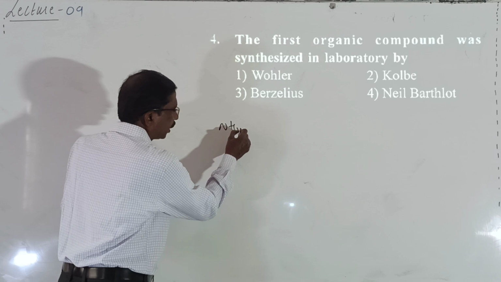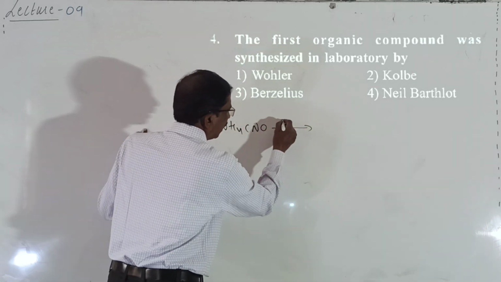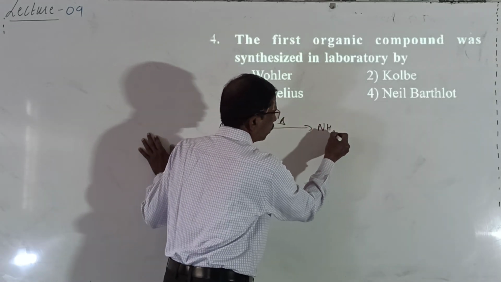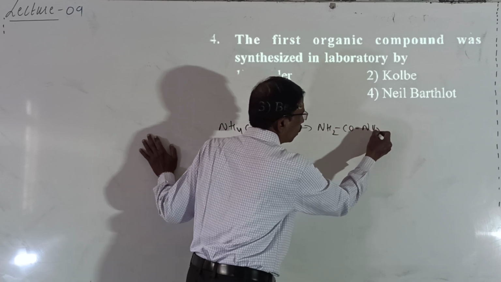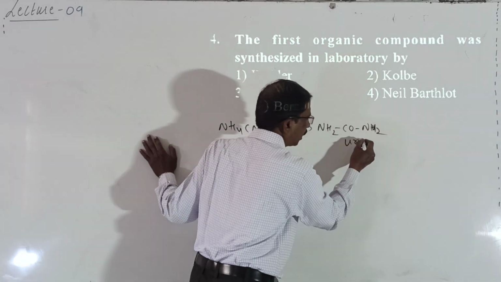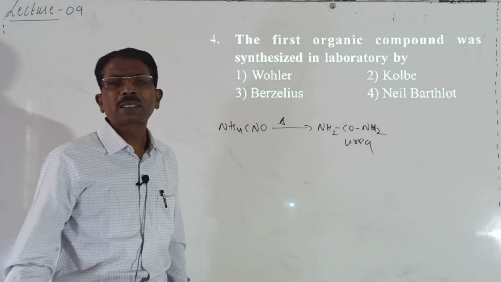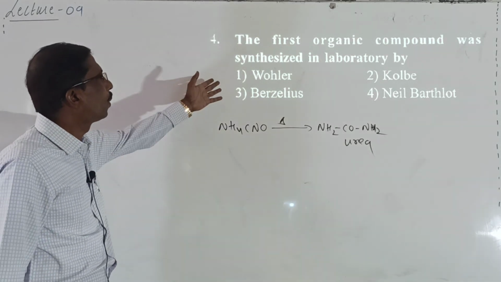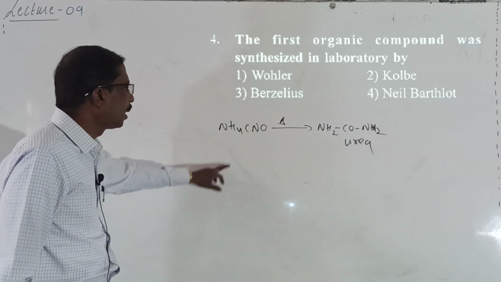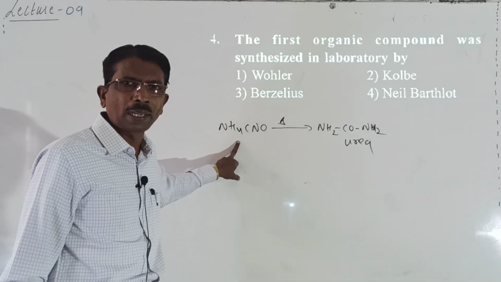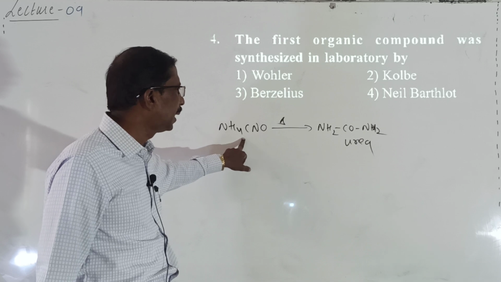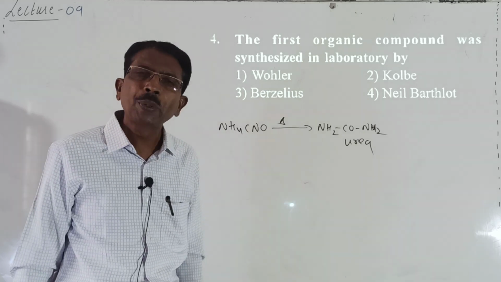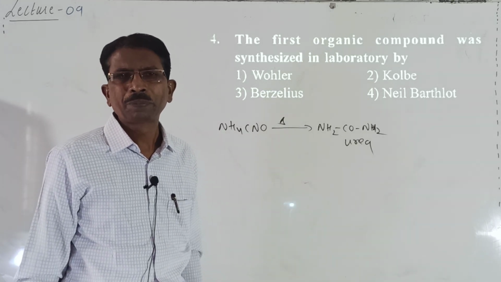When NH4CNO is heated to high temperature, it gives NH2CONH2. So it is called urea. Urea is the first compound. So here Wöhler synthesized it in the laboratory accidentally. When ammonium cyanate is heated, it gives urea. Urea is the first organic compound.